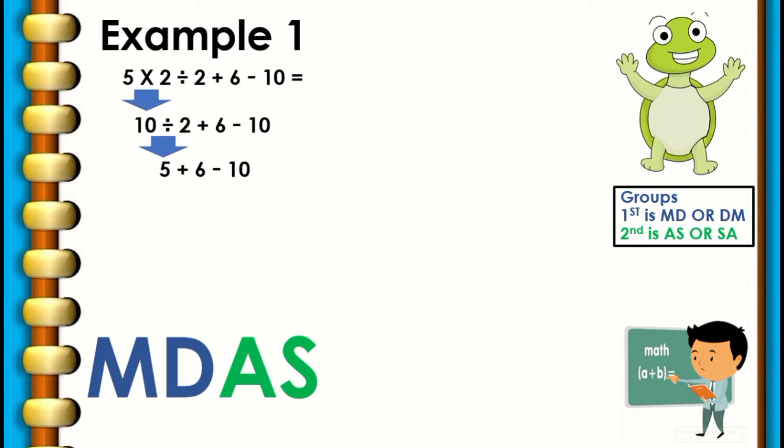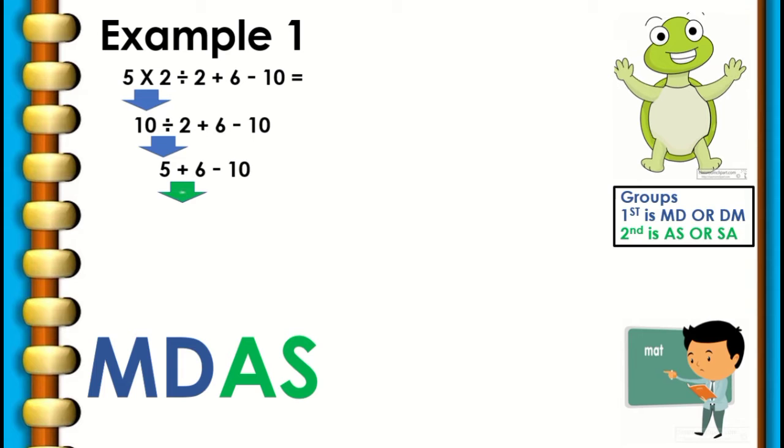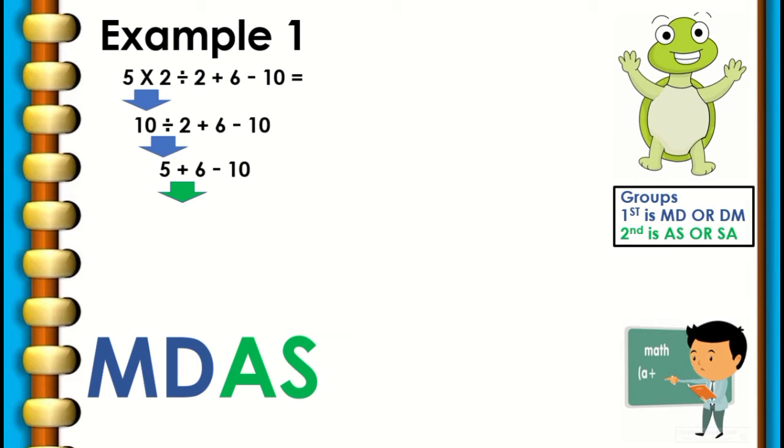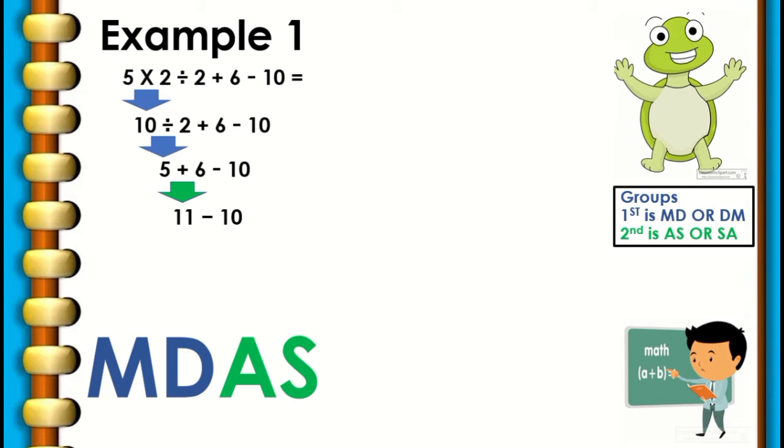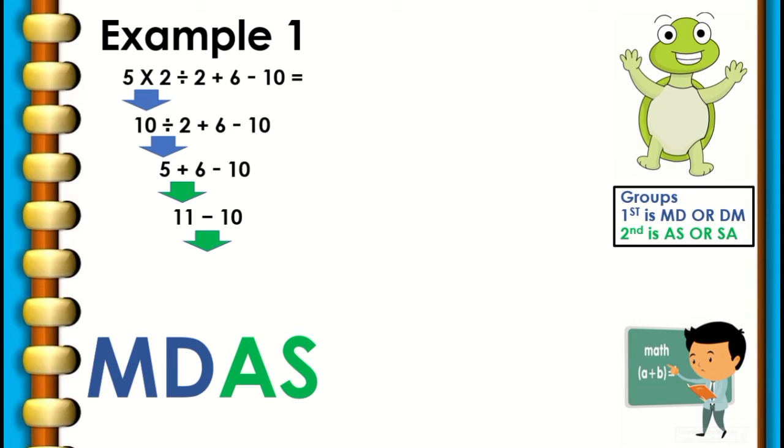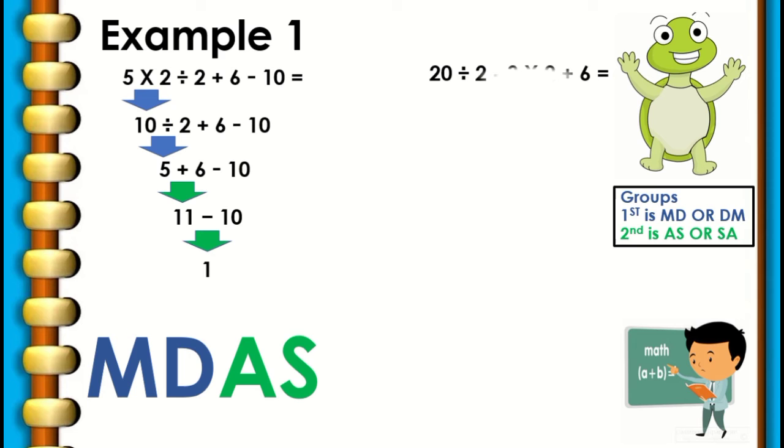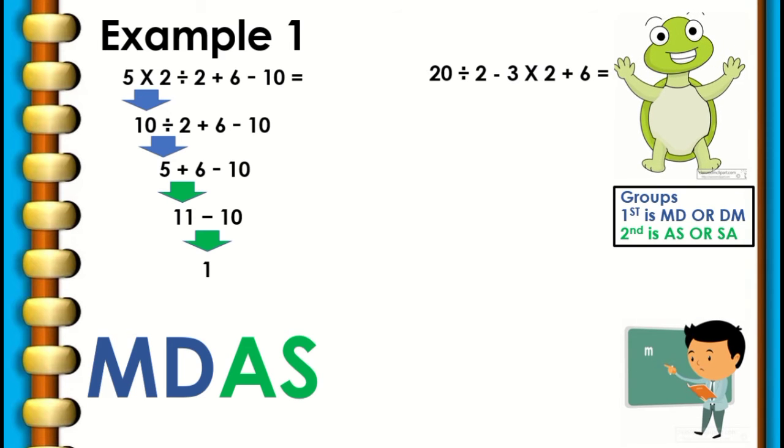Pagtapos na tayo dun sa ating first group, wala na tayong nakikita na multiplication and division. That's the only time na pupunta na tayo sa second group. So, ang nauna is addition. 5 plus 6, that is 11. Then, minus 10, that is 1.